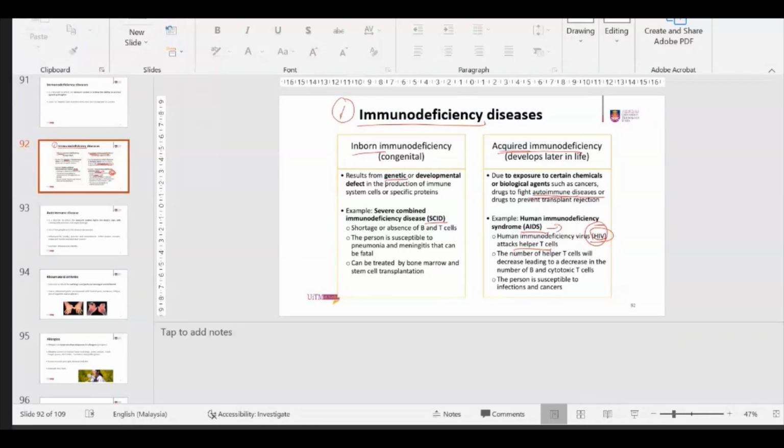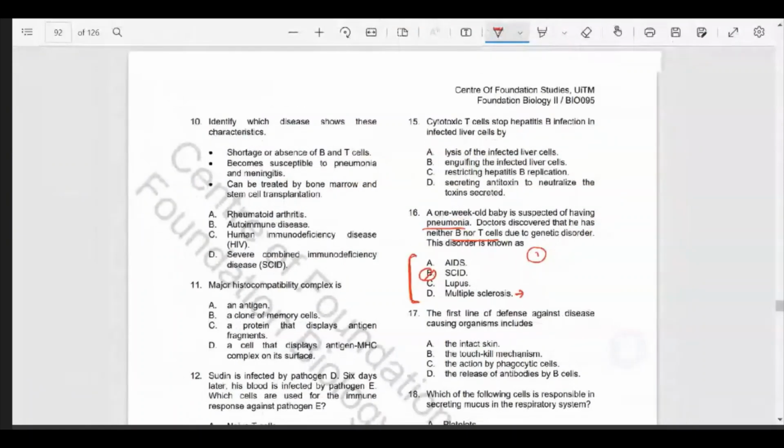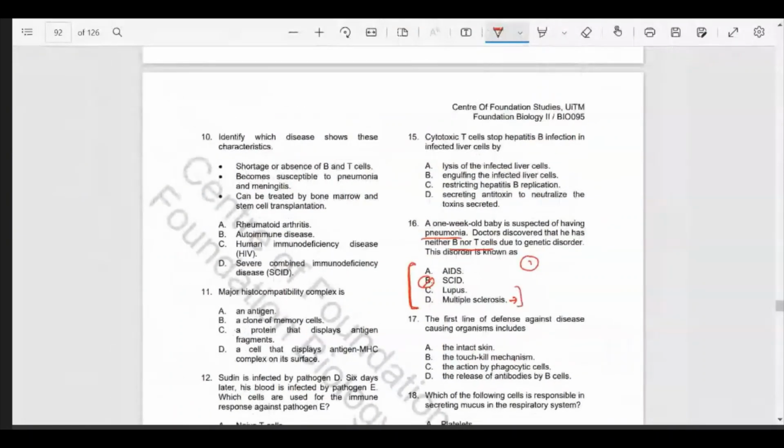Okay. So kalau if we look at your notes here, lupus, multiple sclerosis, dia adalah autoimmune disease.